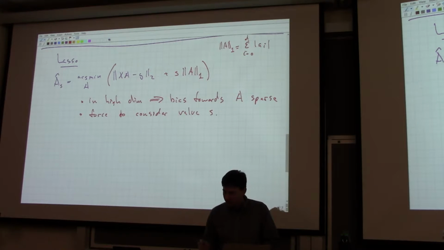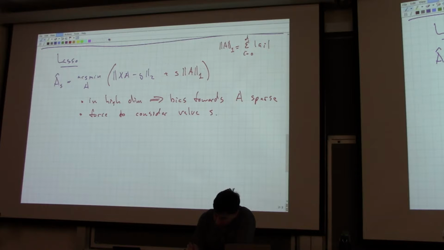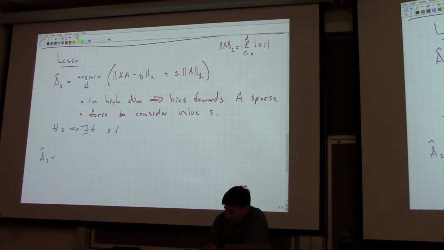okay. So the next step is to realize that for all values S, there exists a value t such that, let me write this up in a slightly different form.